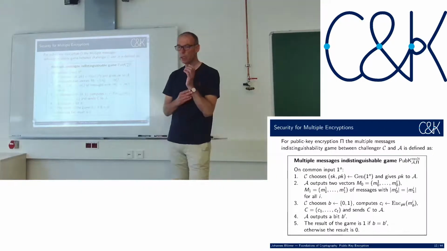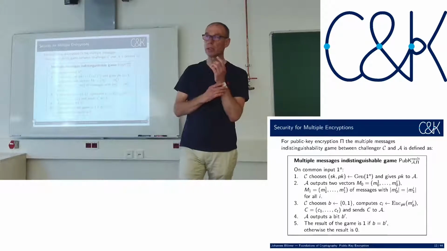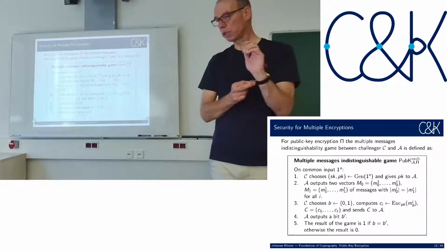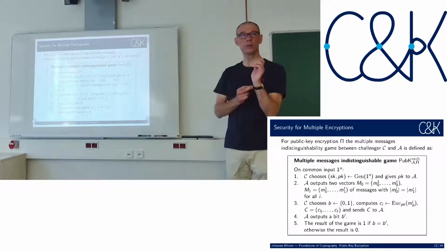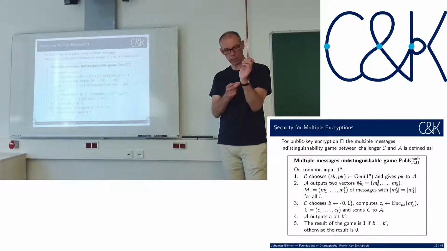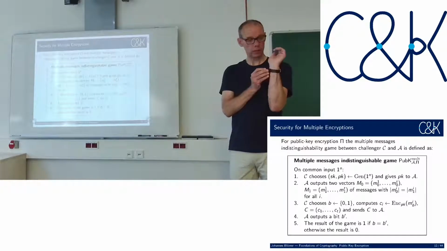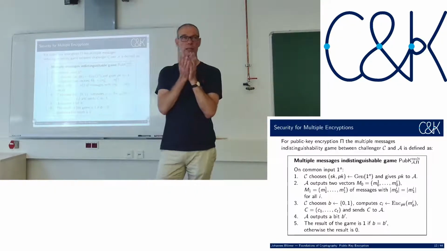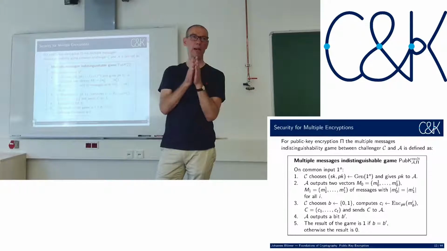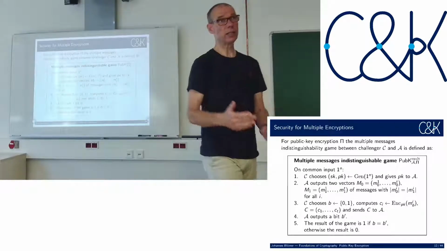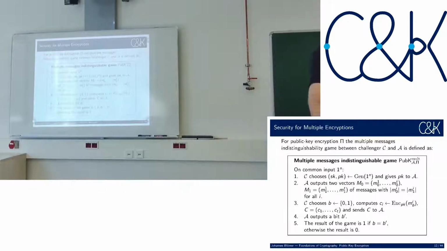Remember that in the context of private key encryption schemes, we also talked about security for multiple encryptions. That becomes important when, as is typically the case, we first have an encryption scheme for messages of some fixed length, and then we want to extend that to messages of arbitrary length.